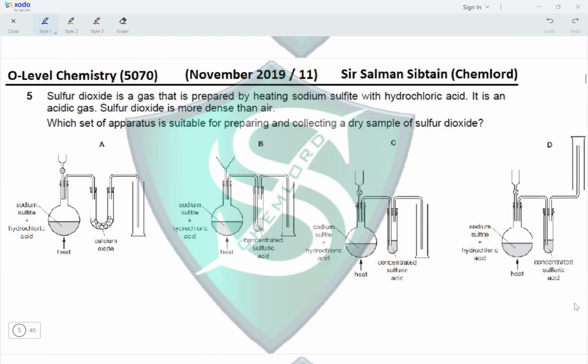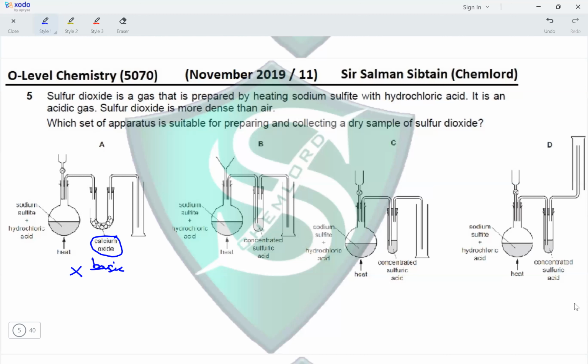So in A, we have a gas being produced and it is passing through calcium oxide. Okay, this makes it incorrect because calcium oxide is basic in nature and it would react with the acidic gas forming salt. So because of this basic calcium oxide, setup A is incorrect.